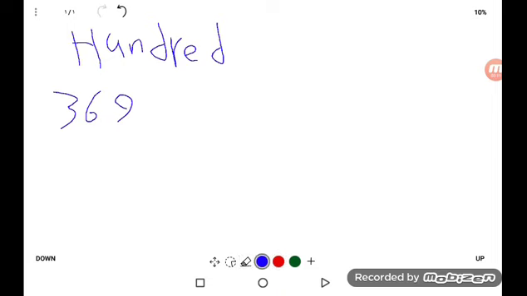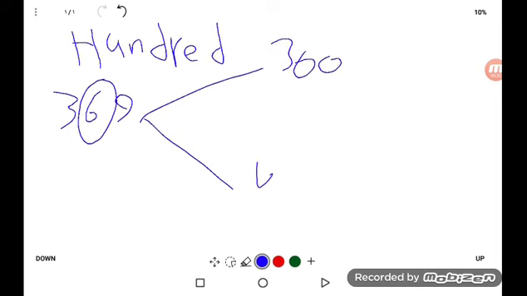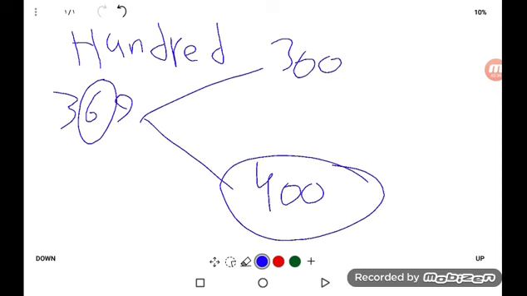So we see this number. If this number is 5 or greater, we round up, and if this number is less than 5, we round down. So 369 becomes either 300 or 400. So 6 is greater than 5, so the answer is 400.